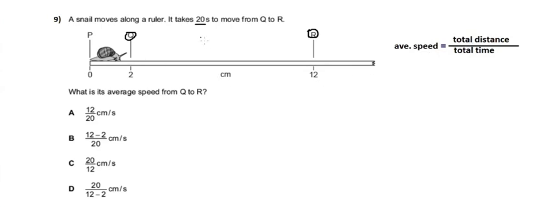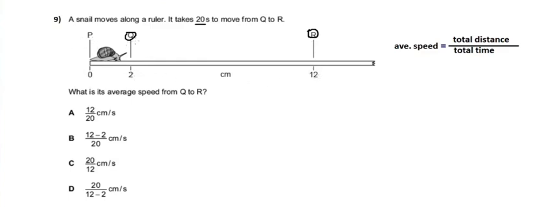So from Q to R, the time is already given, 20 seconds. But what is the distance traveled between Q and R? You can see from P to R, the distance traveled is 12 centimeters. It started from 0 at point P and covered 12 centimeters at R. From P to R it is 12 centimeters, and from P to Q it is 2 centimeters.